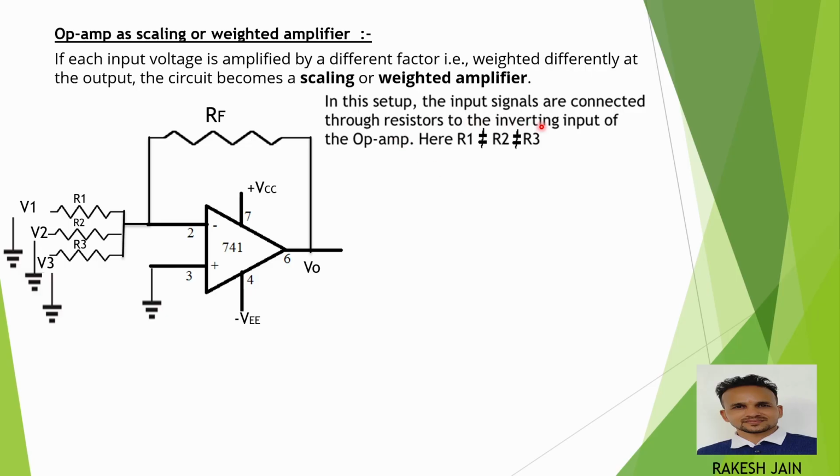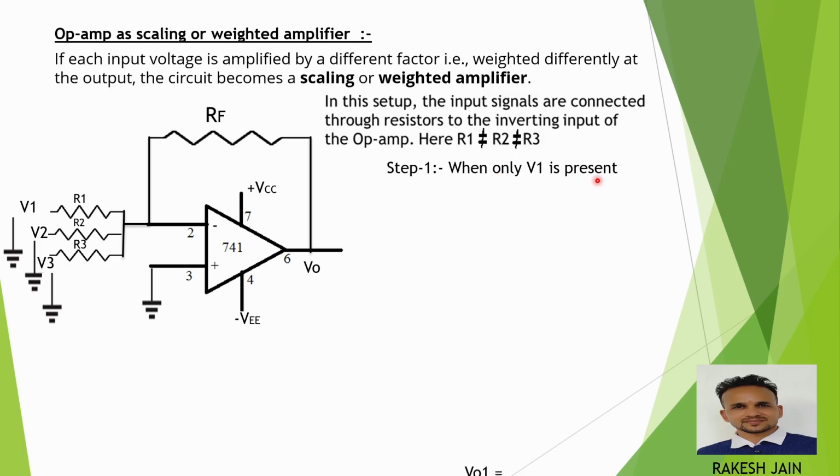In this setup, the inputs are connected through resistors to the inverting input of the operational amplifier, but with a minor change: instead of making these resistances equal like in the adder, or the series resistances equal and Rf equal to R by N, here we are going to use the concept that all the resistances are of different values.